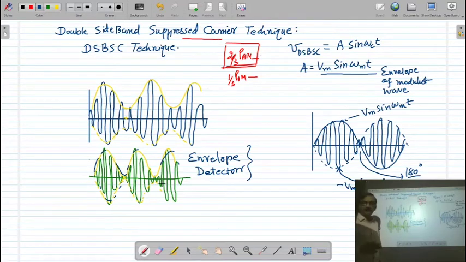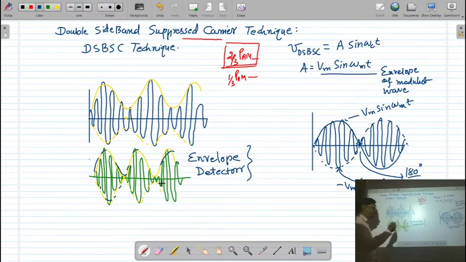We have a more complicated circuit for recovering the information from the modulated wave, and that's why this technique is not used for commercial purposes, because the receiver circuit is going to be complicated.